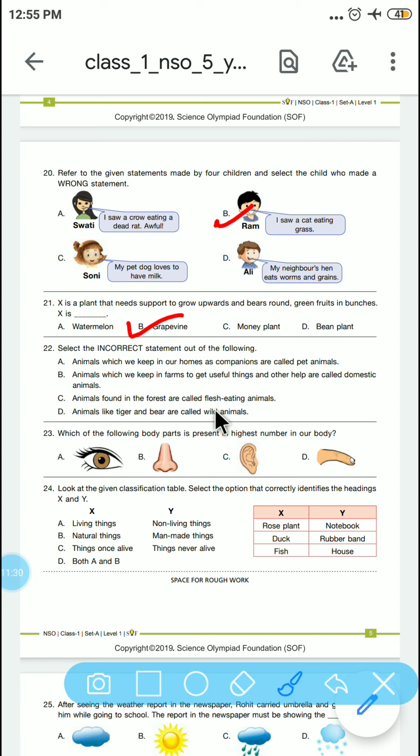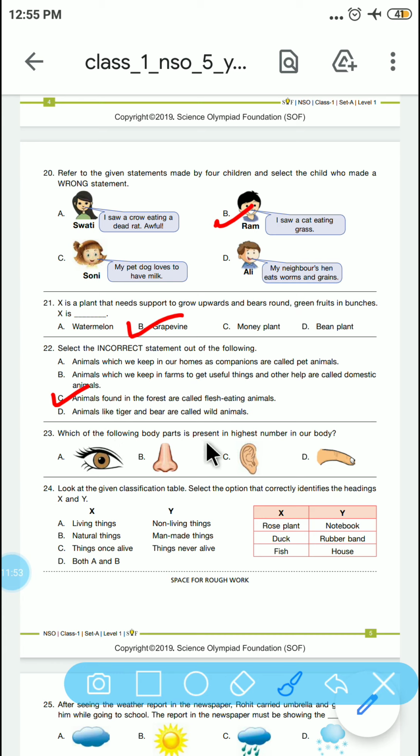Animals found in the forest are called flesh eating. Animals like tiger and bear are called wild animals. So which one is incorrect, my dear friends? So option C, because not all the animals living in the forest are flesh eaters. We have examples like elephant and giraffe, which are completely herbivorous in nature.